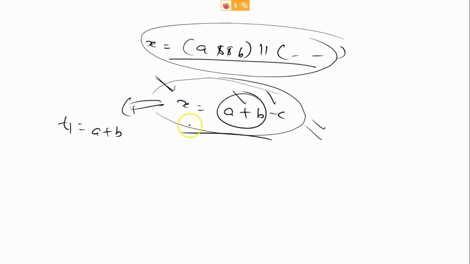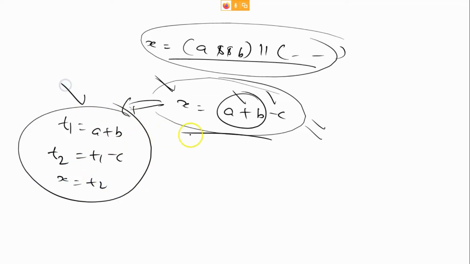Then it will do T1 minus C, store it in T2, and then X equals T2. You can see this three-address code is very unambiguous, or very precise.